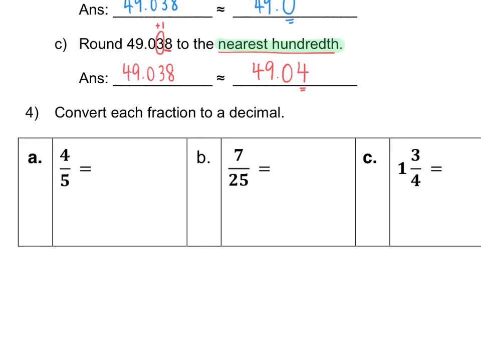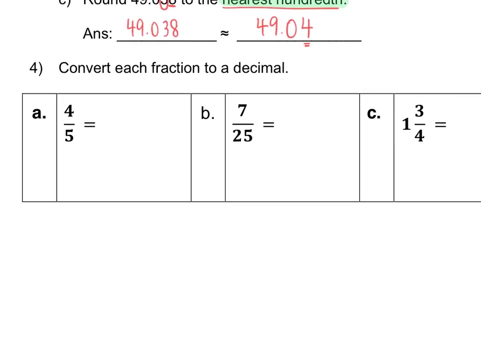Let's go on to question number 4, which is converting each fraction to a decimal. So if you want to convert a fraction to a decimal, you must ensure your denominator is either a 10 or a 100. So let's take a look at part A. 4/5, you want to convert to a decimal.